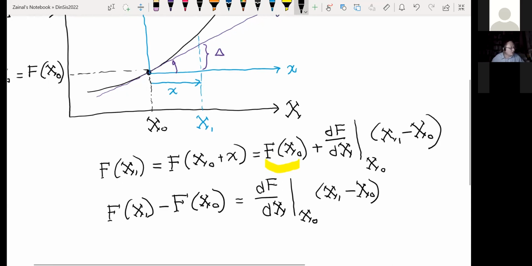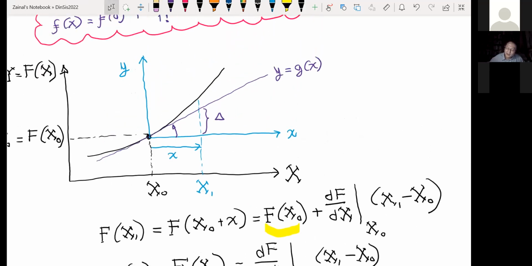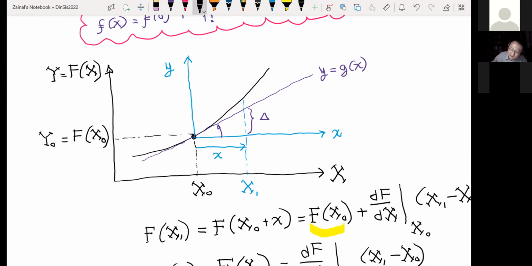Now look at this. This one minus this one. Look at this, f(x1). If I draw the line from here to here, this is of course y1, where y1 is equal to f calculated at x1.